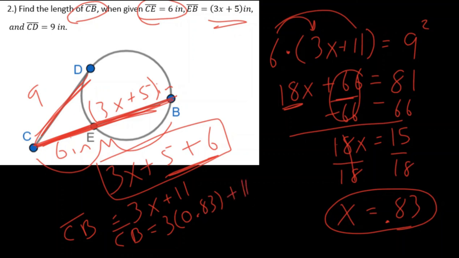Now here's where I would suggest reaching for your calculator, because 0.83 times 3 will give us roughly 2.5. So I'll say CB is equal to 2.5 plus 11, which gives us our final answer of CB is equal to 13.5 inches.